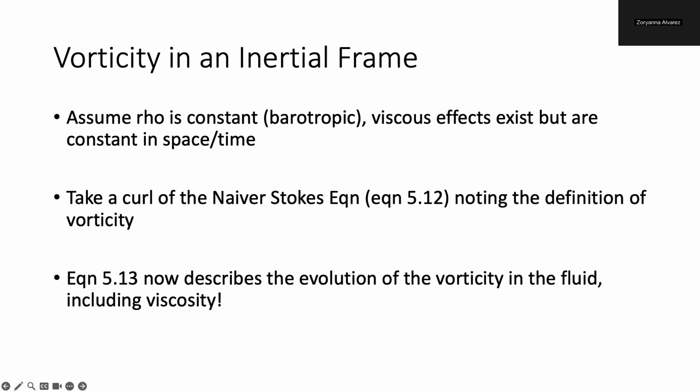So it would be the gradient, the upside down triangle, parentheses, vorticity dot u. I'm looking at the first part of 3.9.